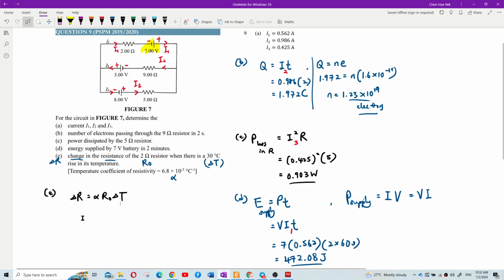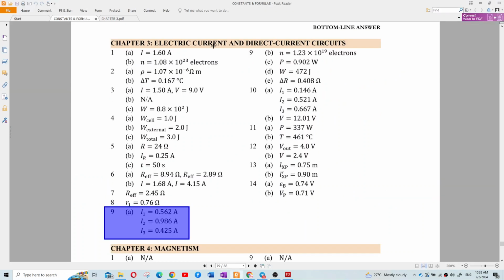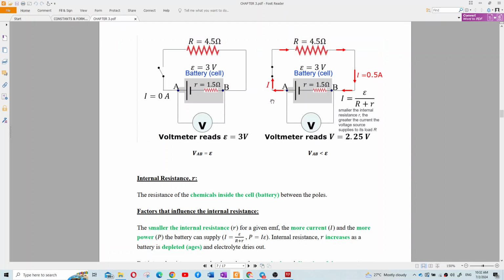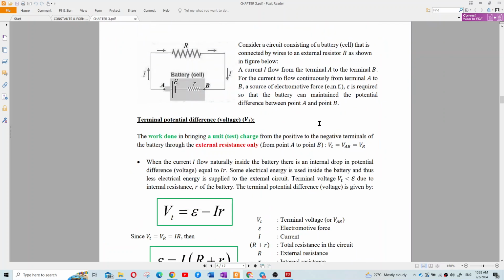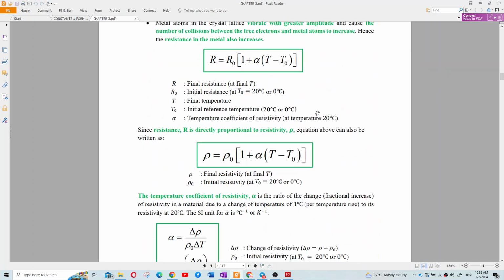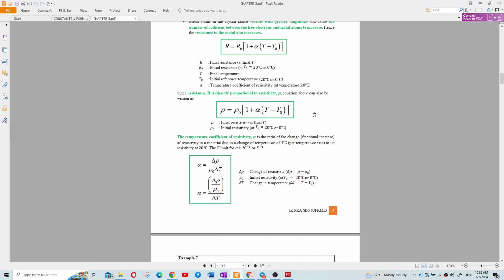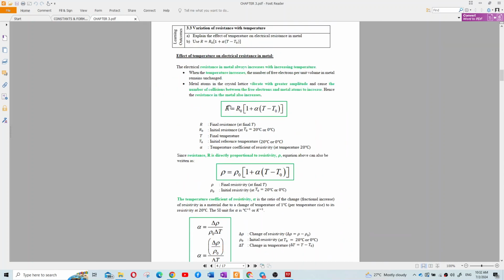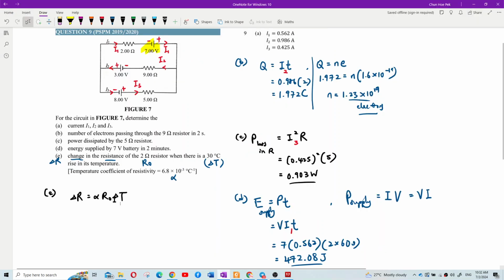Okay, how do you get this formula? Because last time when we learned about this formula, if you still remember, the formula is R equal to R naught times 1 plus alpha T minus T naught. From this formula, we can derive this formula.